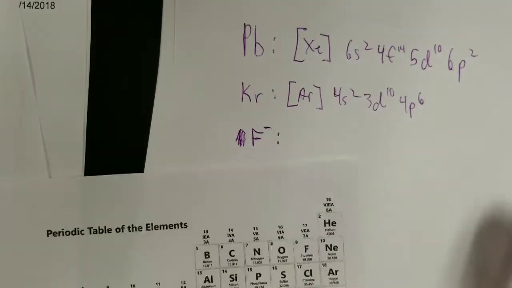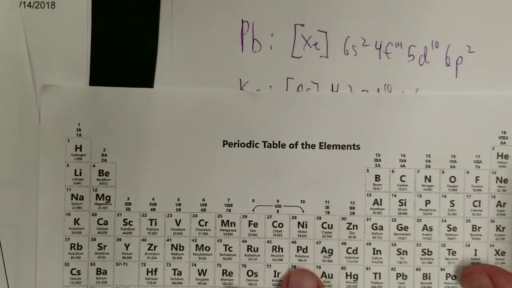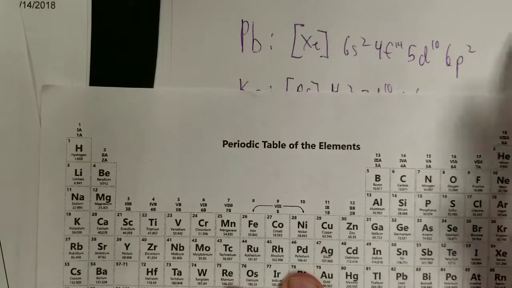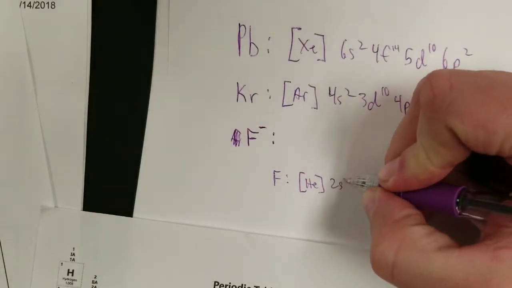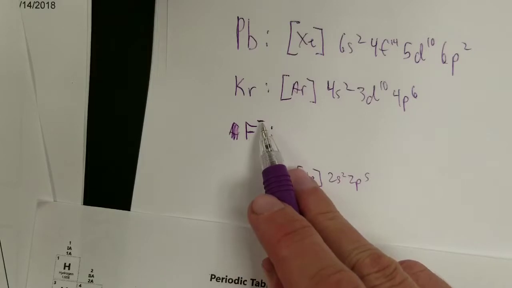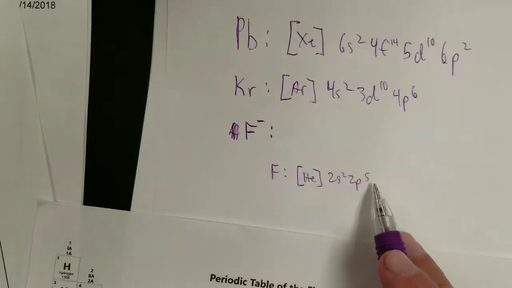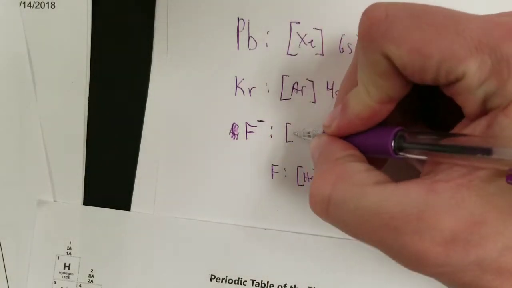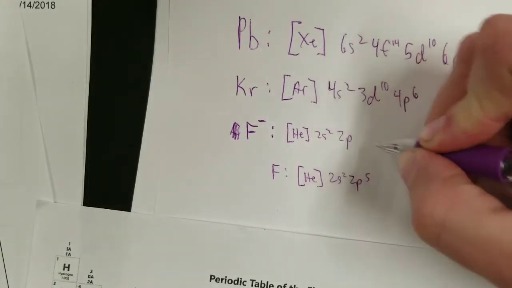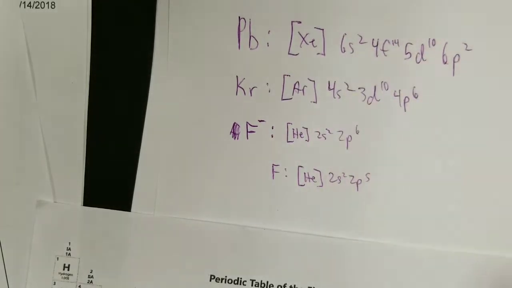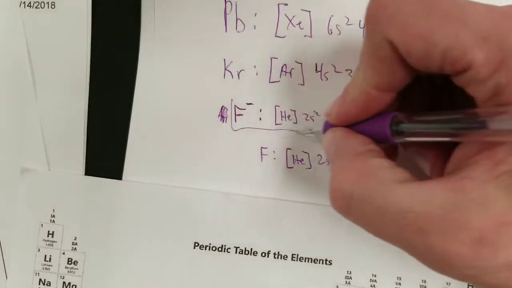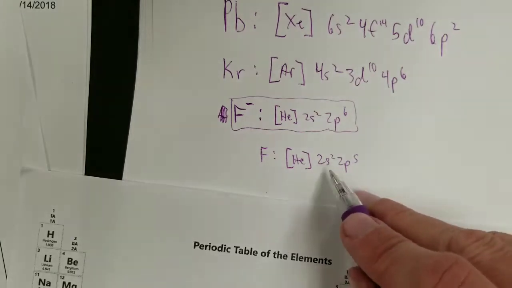So that's helium followed by 2s2, 2p5. Now remember, for fluoride you add 1 electron, which means you add 1 electron here. So it'd be almost the same configuration except 2s2, 2p with 1 more, 6. And this would be your answer for the fluoride, and the previous would merely be your work.